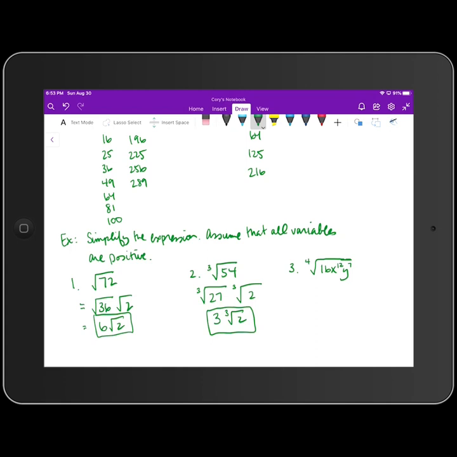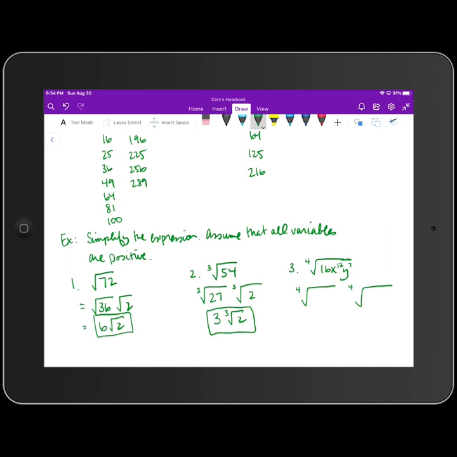Okay, if we want to simplify number 3, the fourth root of 16x to the 12th power times y to the 7th power, because we have a fourth root, we want to break this up into the fourth root of values that are not perfect squares, not perfect cubes, but perfect things raised to the 4th power.